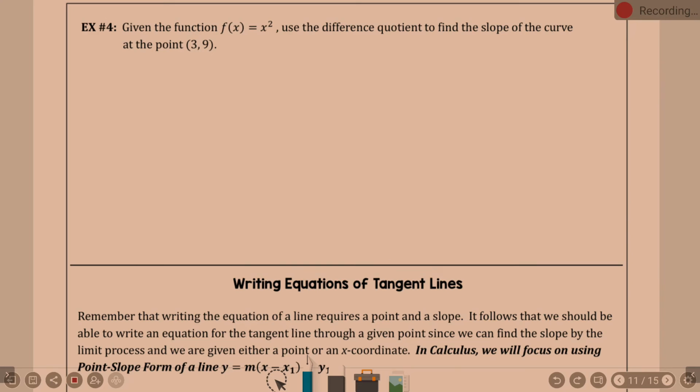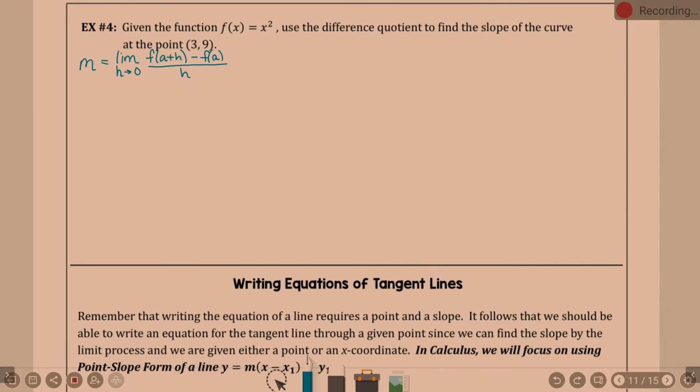Okay. So first of all, in order to find slope, we're going to use the difference quotient. So it's the limit as h approaches 0 of f of a plus h minus f of a, all over h, yes?